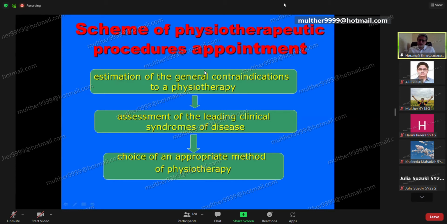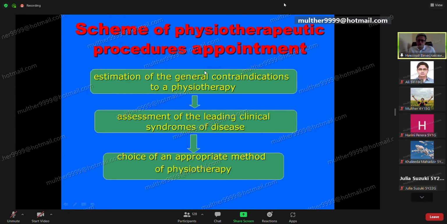If the patient does not have any contraindications, we should assess his or her leading clinical syndrome of the existing disease, for example, syndrome of arterial hypertension, syndrome of bronchial obstruction, pain syndrome.